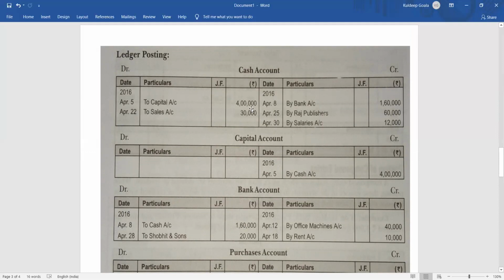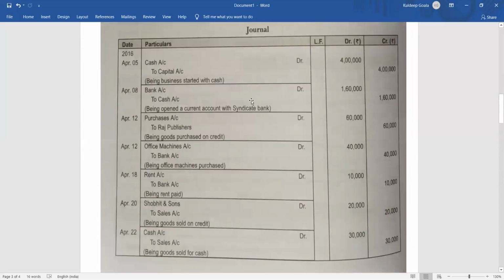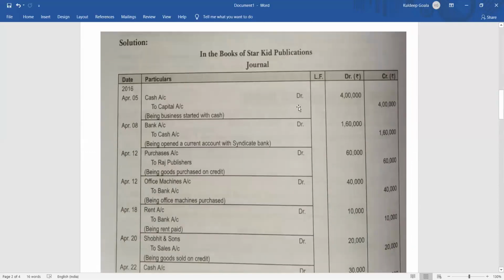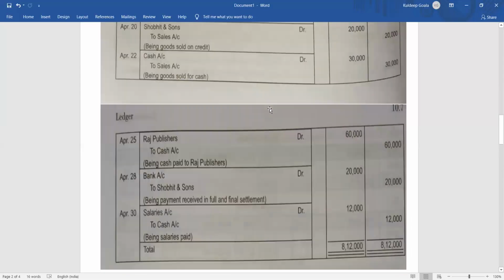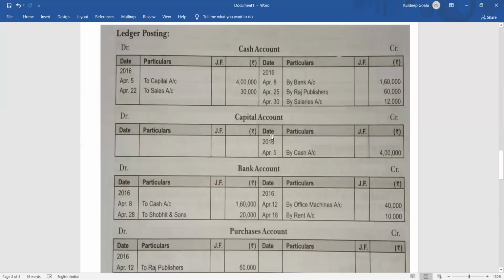Clear? Again cash, what is happening with the capital? Capital is being credited with 4 lakh, right? So go to the credit side of capital account, and what will you write? The opposite item, that is in the debit. Why is the capital credited? Because cash is coming in. See, capital credit side, by cash.